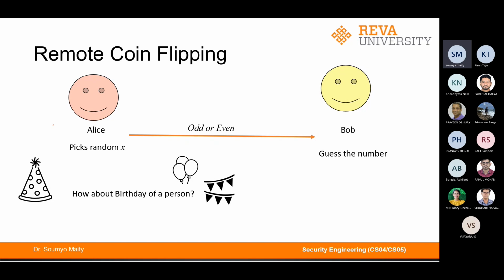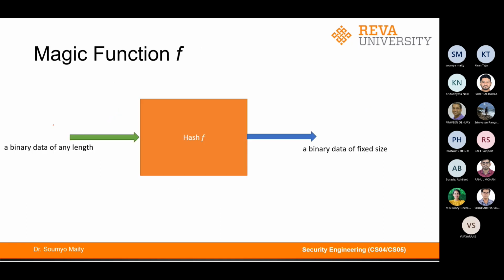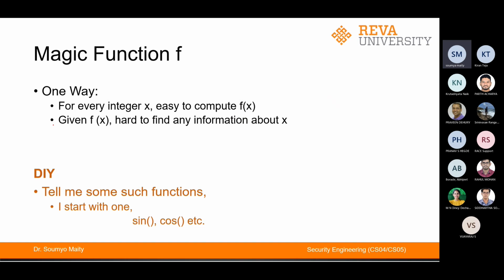But it is very easy to just ask somebody, "Hey, when is your birthday?" Or you can check any document and find out his birthday. So finding a birthday is also a one-way function, right? Okay. So this magic hash function will have one property, which is one way.